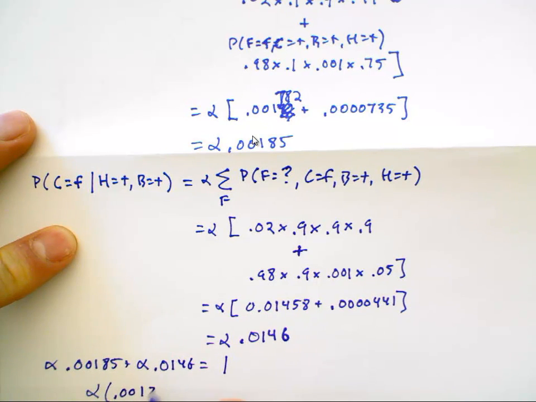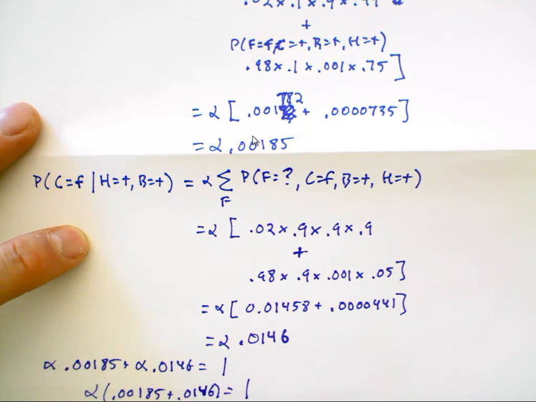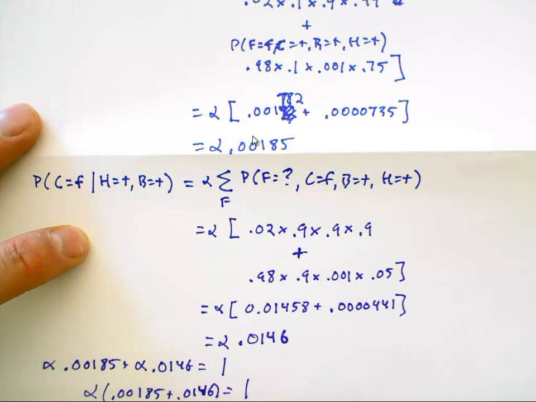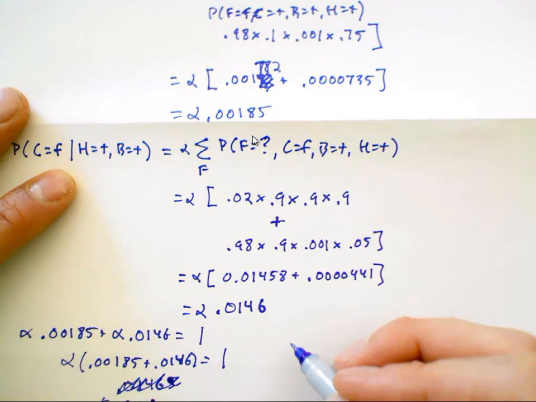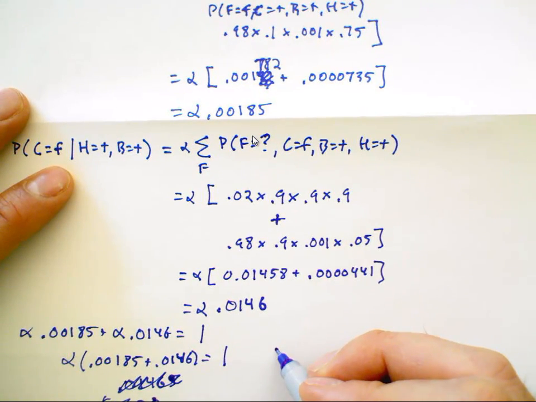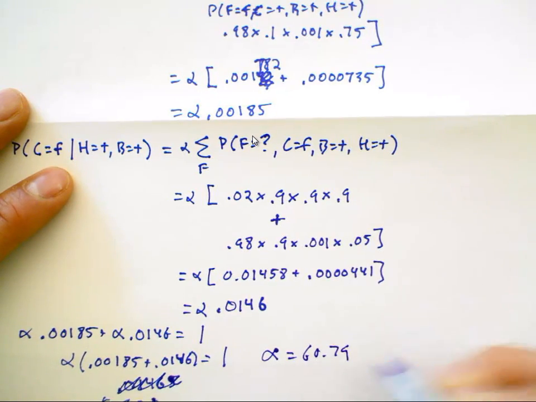So can somebody please help me figure out what we should divide 1 by? 0.01645. So where are we here? Alpha equals 60.79.